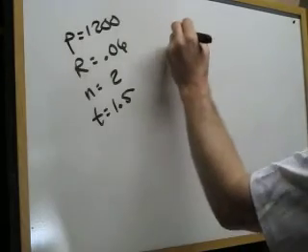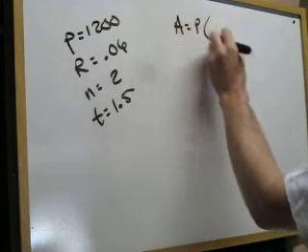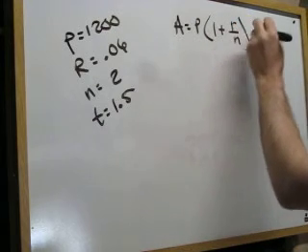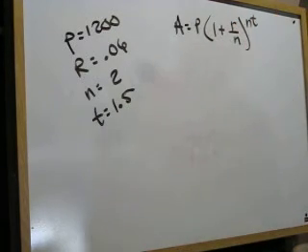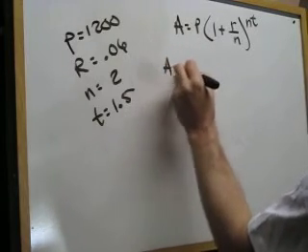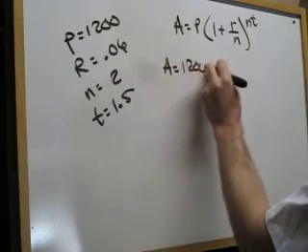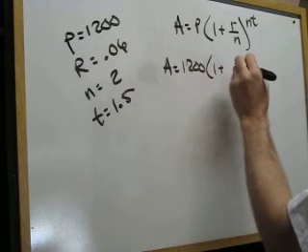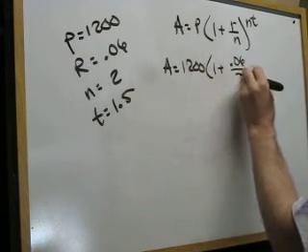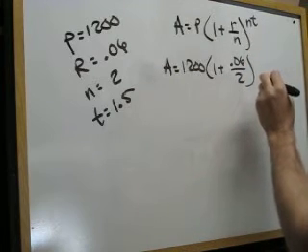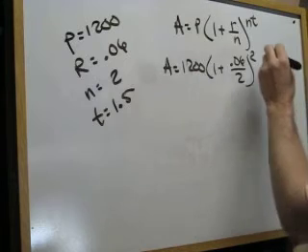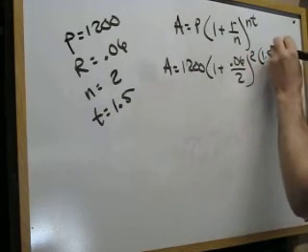So if we use our formula, A equals P times 1 plus R over N with NT up there, we should be able to just put A equals 1200 times 1 plus 0.06 over 2, and our N then would be 2, and our T would be 1.5.